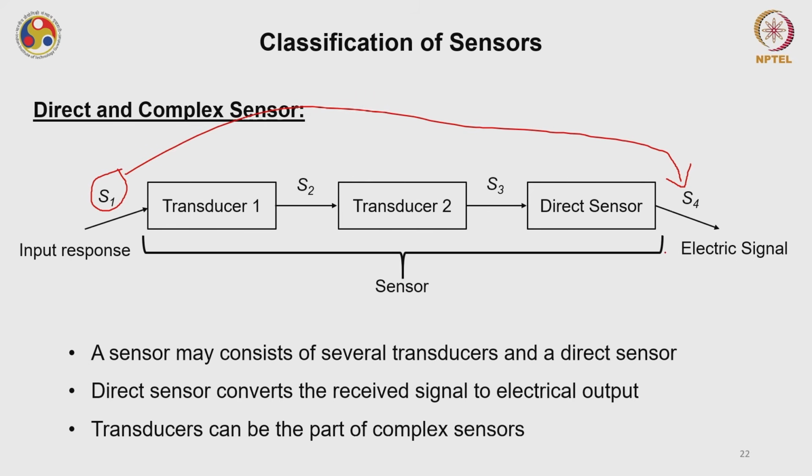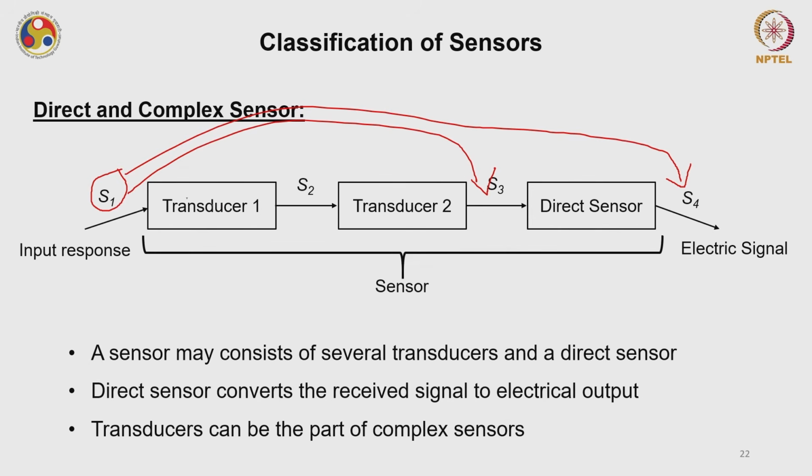Therefore, he has used transducer 1 and transducer 2. In fact, conversion of signal S1 to S3 is also not possible. Therefore, he has to use two different transducers, transducer 1 and transducer 2.